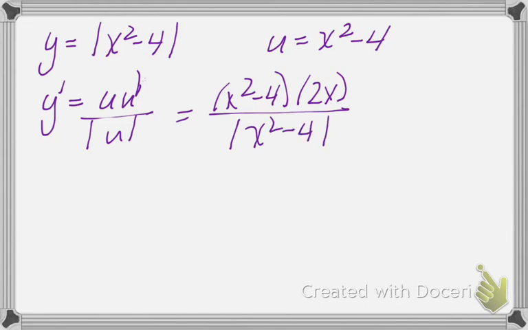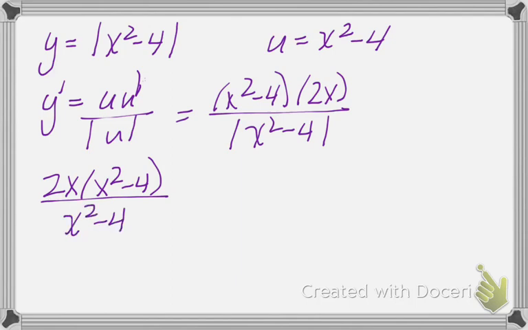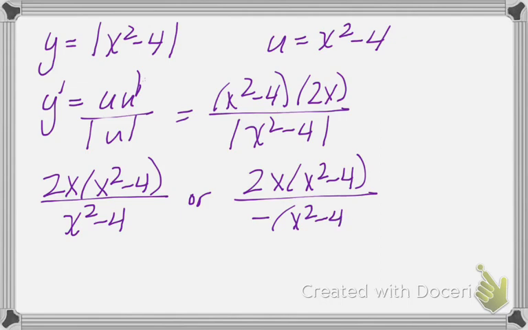Okay, so we have two choices here. Either the first one is going to be the numerator, which always stays the same, over the positive denominator, or it could be the same numerator over the negative denominator. Okay, and then you just have to use your algebra skills a little bit, not much, because these cancel, and you're left with 2x.